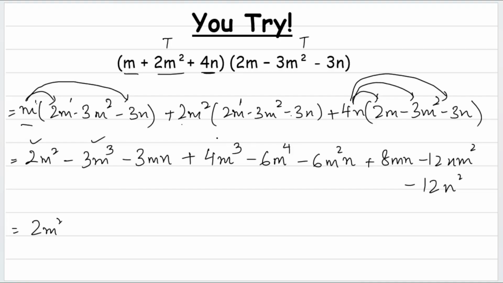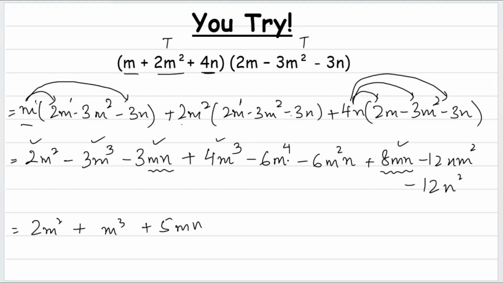So minus 3m cube plus 4m cube, 4 minus 3 plus 1. So plus 1m cube. And even if you do not write this 1, it's the same thing because 1 is invisible in algebra. Do we have any mn term? Let's check. Oh yeah, over here. So minus 3 plus 8 is 5mn.